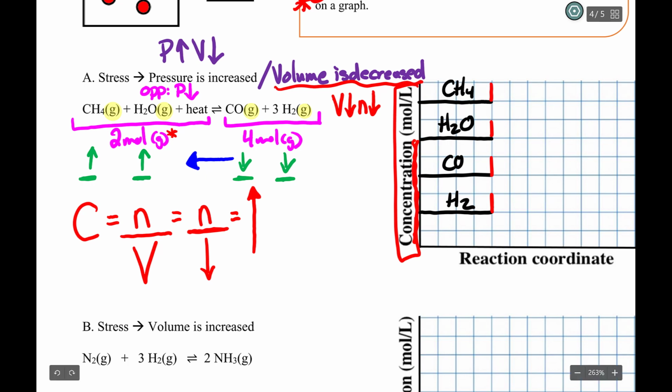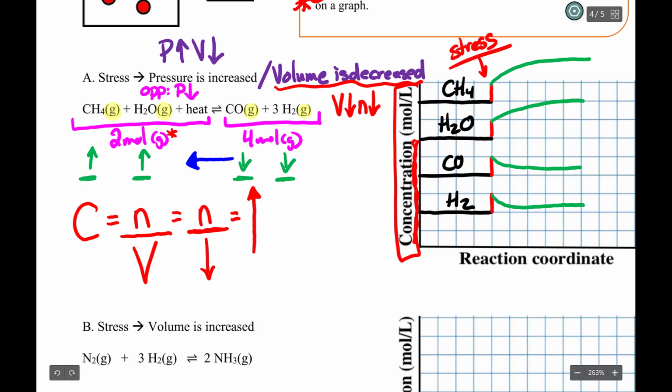The CH4 would go up. I know I'm coming off my sketch. It is just a sketch. My H2O goes up, but my CO and my H2 come down. So I'm just going to have them come down a bit like that and come down a bit like that. At the stress point, the red is the stress point.